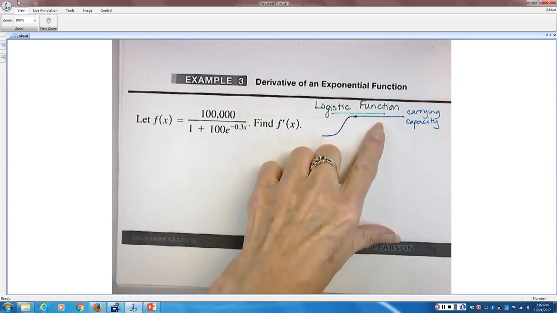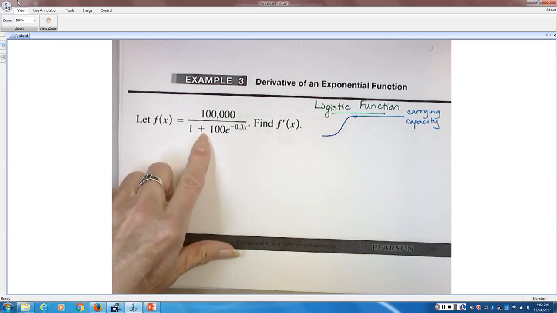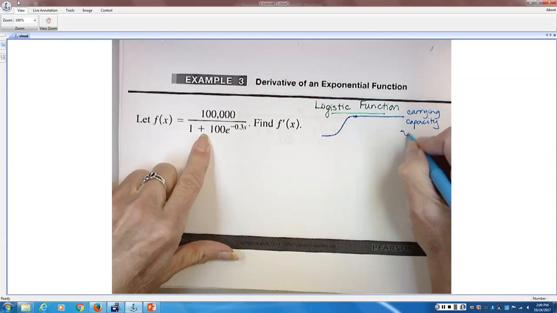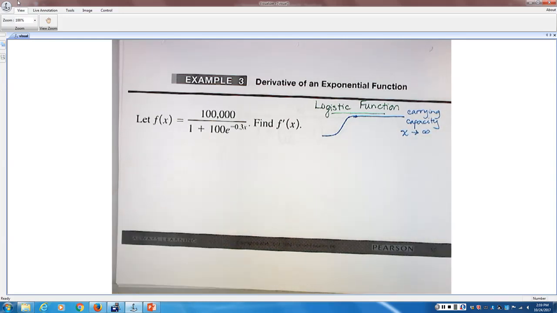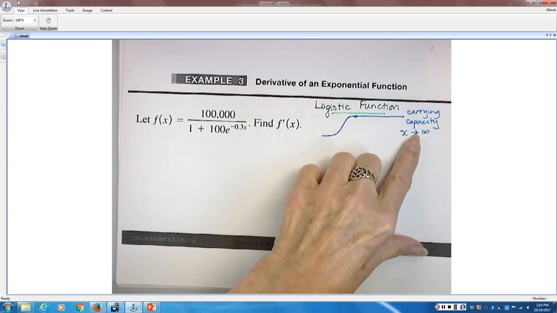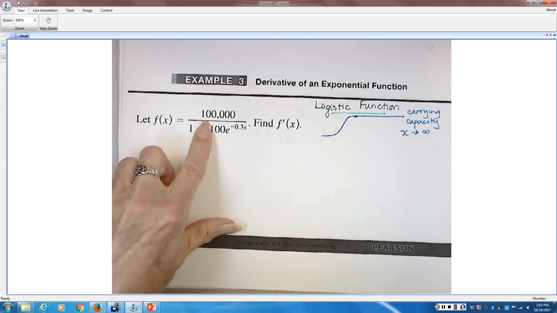And this is the idea of a limit in this case: as we let X approach infinity, in other words, we let those little rabbits just keep on breeding and time goes on, eventually they run out of food, because this is all the food that there was on the island to begin with.